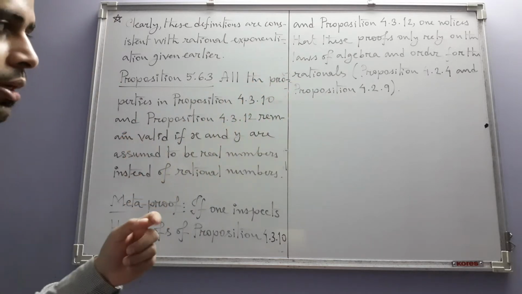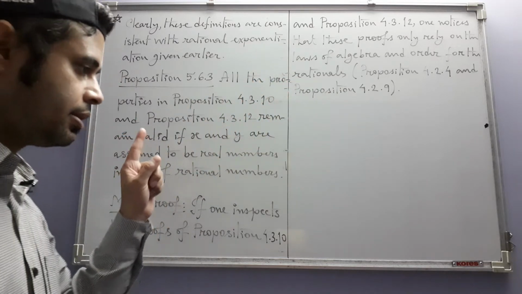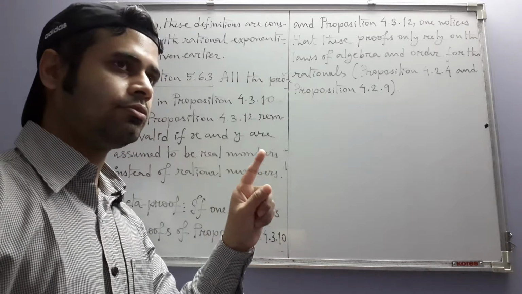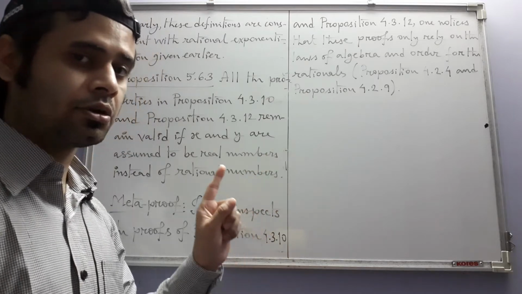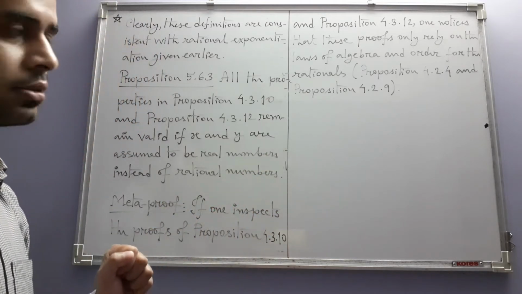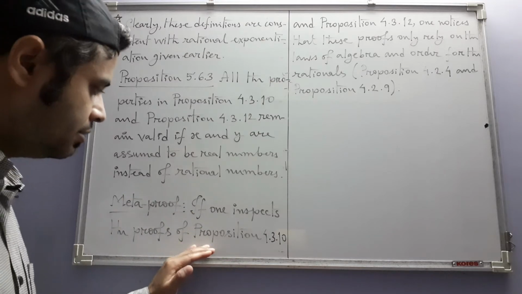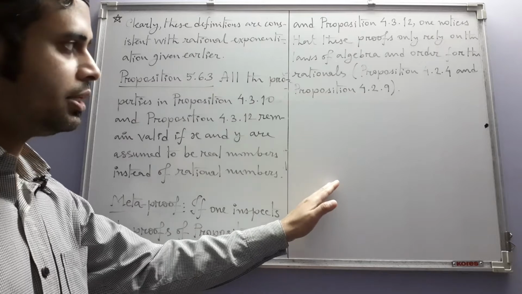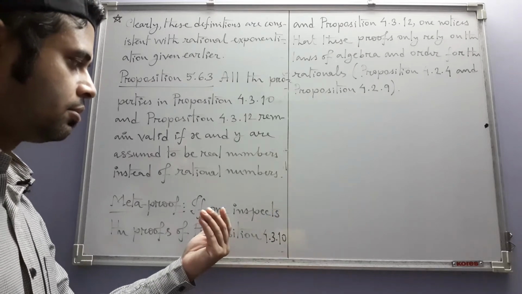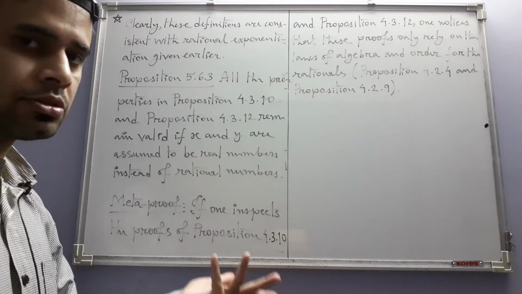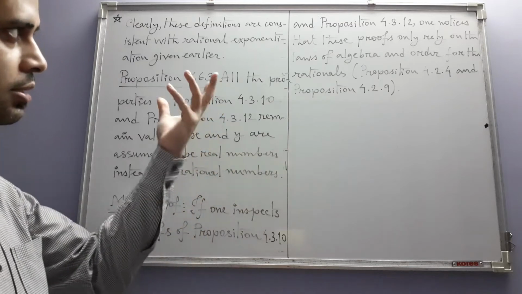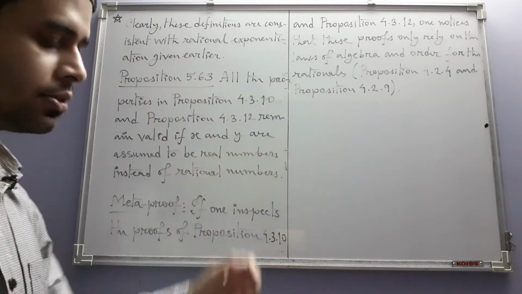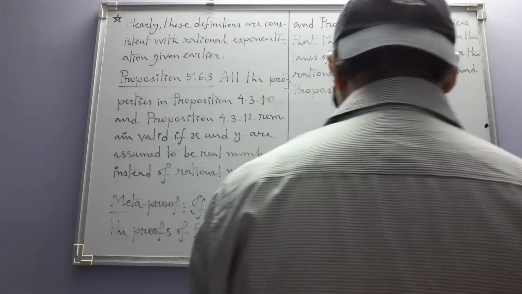And now we notice that the exact same laws of algebra and order are also true for real numbers. So whatever we did in these proofs for rational numbers, we can also do for real numbers, because those same laws are also true, and since the proofs depend only on those laws. So that's what we write next.